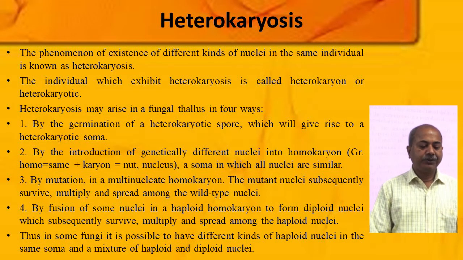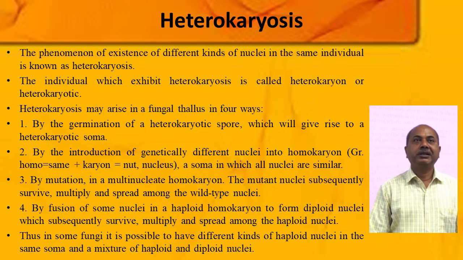Second, by the introduction of genetically different nuclei into a homokaryon, a soma in which all nuclei are similar, and if nuclei of a different genetic base are introduced, then it becomes a heterokaryon. Third is by mutation, where in a multinucleate homokaryon the mutant nuclei subsequently survive and multiply and spread among the wild type nuclei.